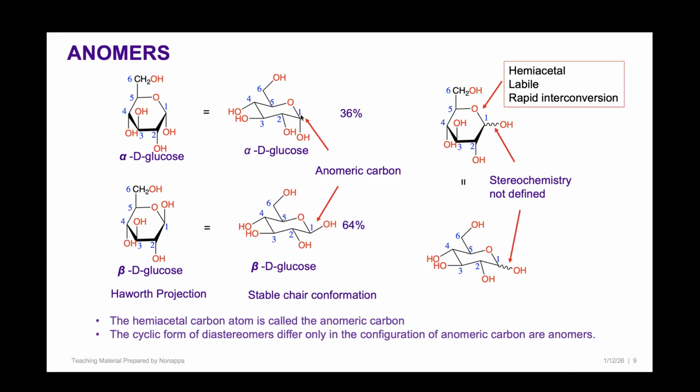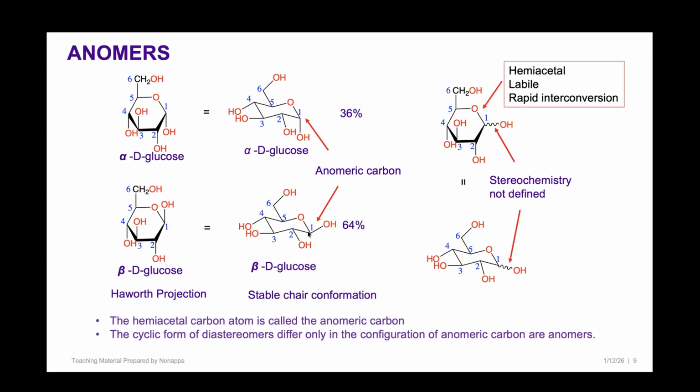So what are anomers? In this case, we are creating a new chiral center when we cyclize the open chain form. And because there is a chiral center, the stereochemistry of the alpha and beta forms differs only at carbon number 1.